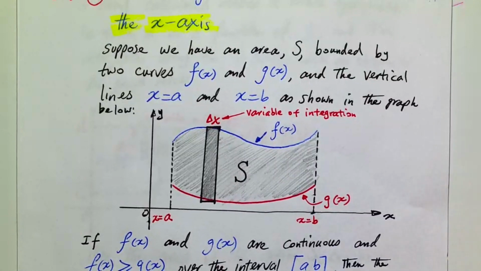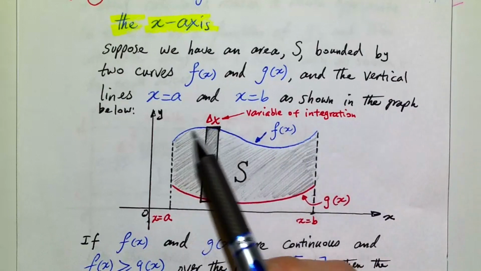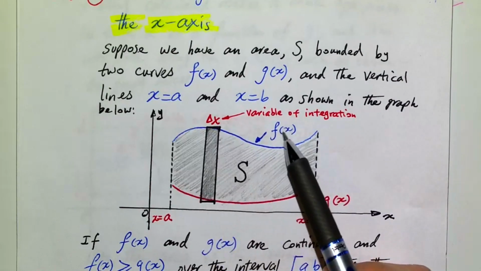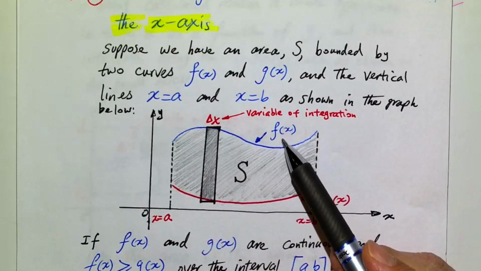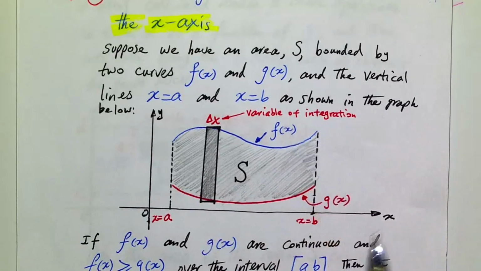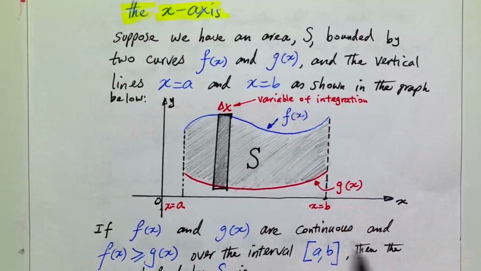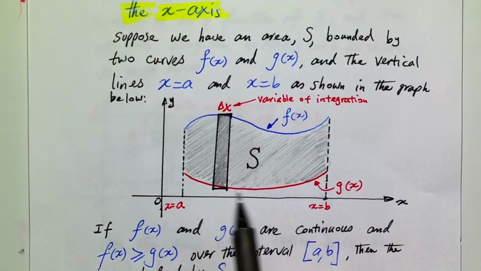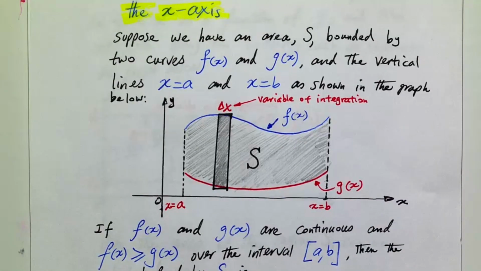If you have two curves, I've identified the blue line on top as f of x, which is generated by a function called f of x, and the red one at the bottom as g of x, generated by a function g of x.